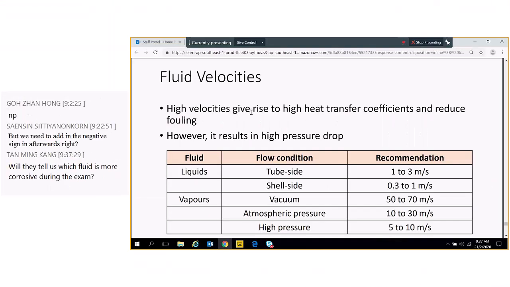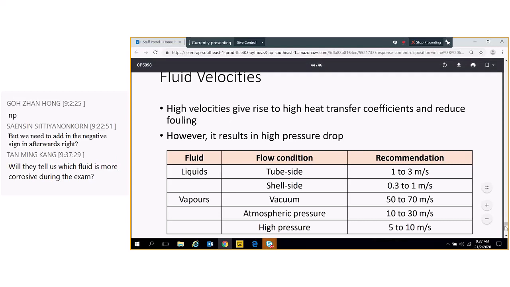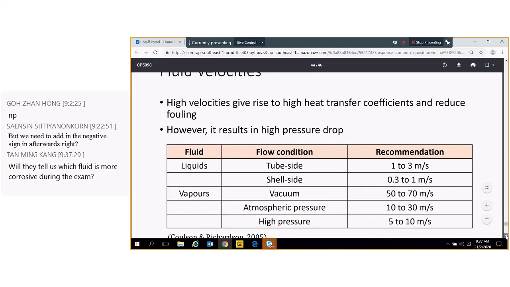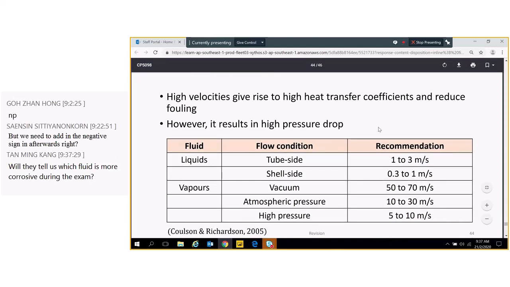Now that depends. High velocity gives rise to a high heat transfer coefficient and reduces fouling, but high velocity also results in high pressure drop. So there's a trade-off over here. So we don't want velocity that's too high. Yes, it's good for heat transfer coefficient, and can also reduce fouling, but it can also result in high pressure drop.